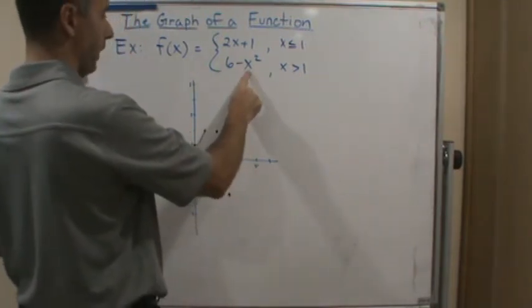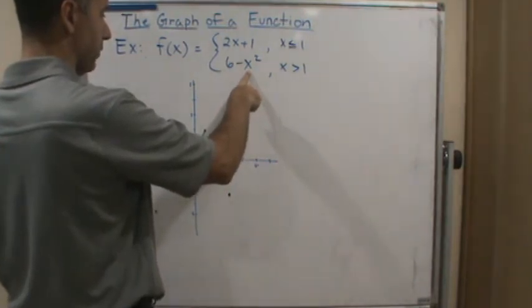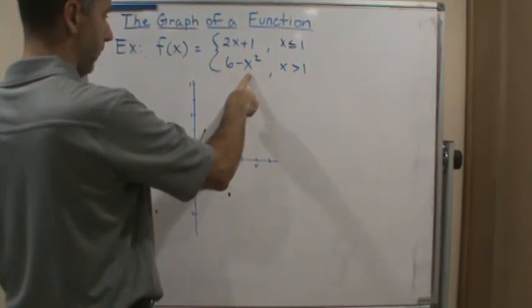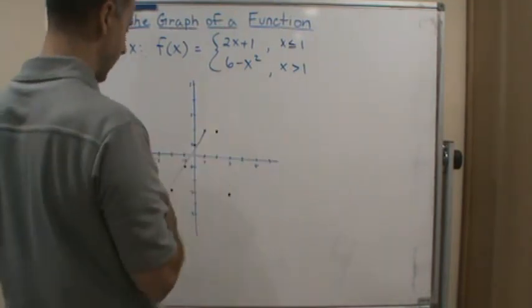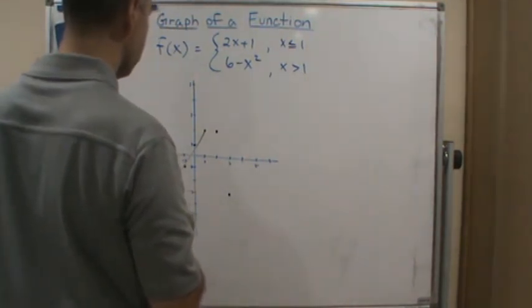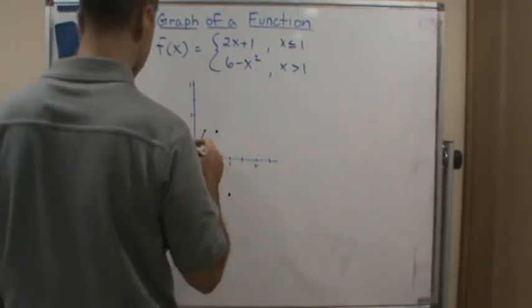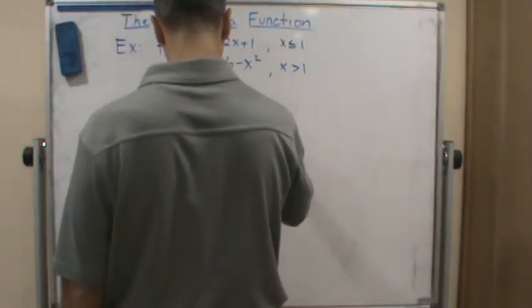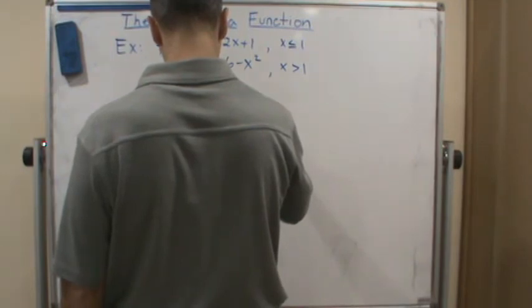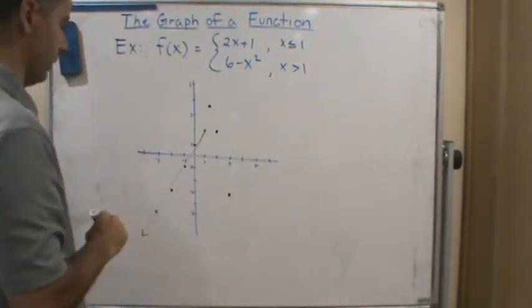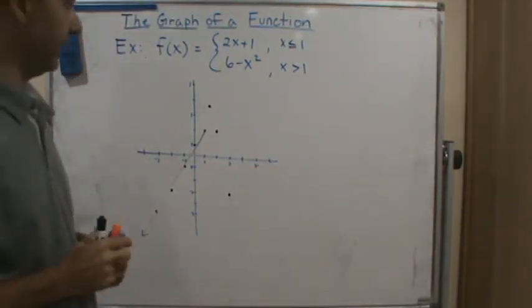So if this is 1.5, 1.5 squared is going to be 2.25. 6 minus 2.25 is going to be 3.75. Like so.